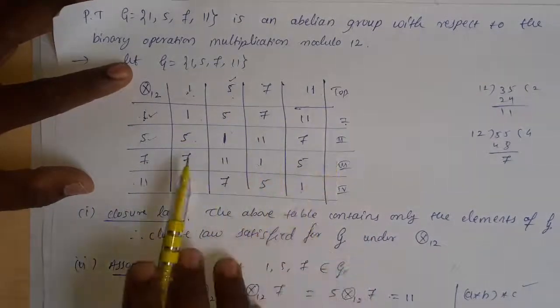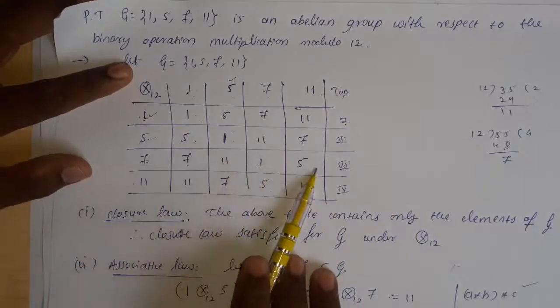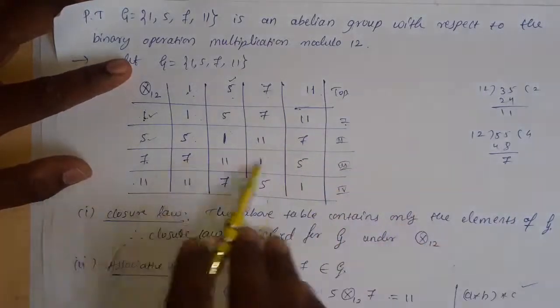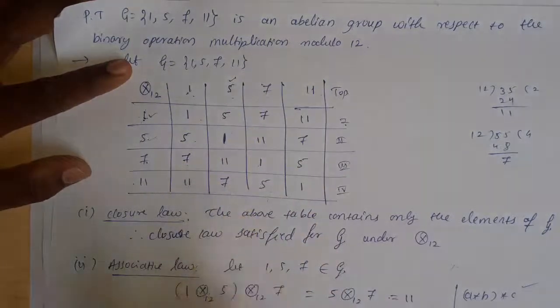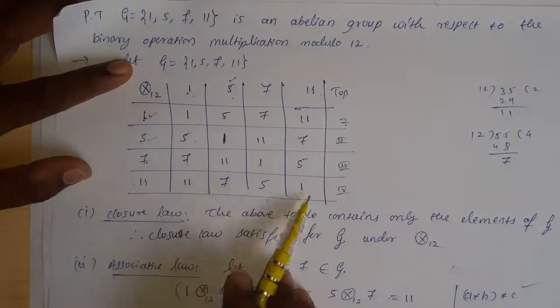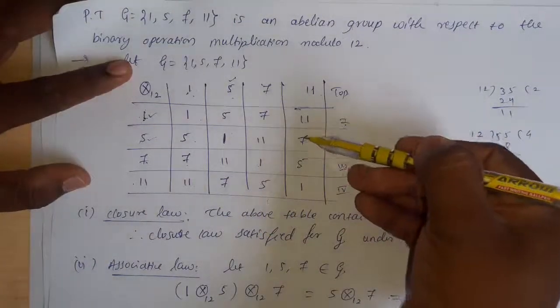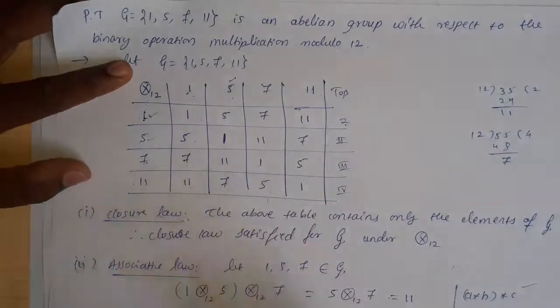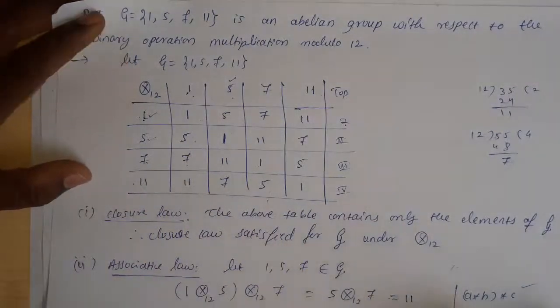Then the third row 7, 11, 1, 5, and here 7, 11, 1, 5. Therefore, the third row is the same as the third column, and the fourth row 11, 7, 5, 1, fourth column 11, 7, 5, 1. So, the fourth row and fourth column are one and the same.